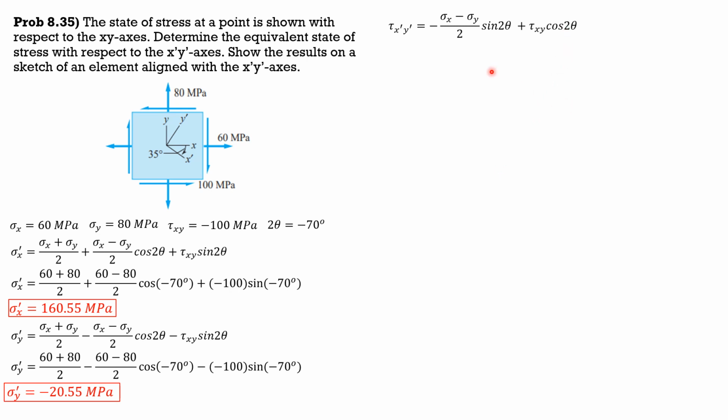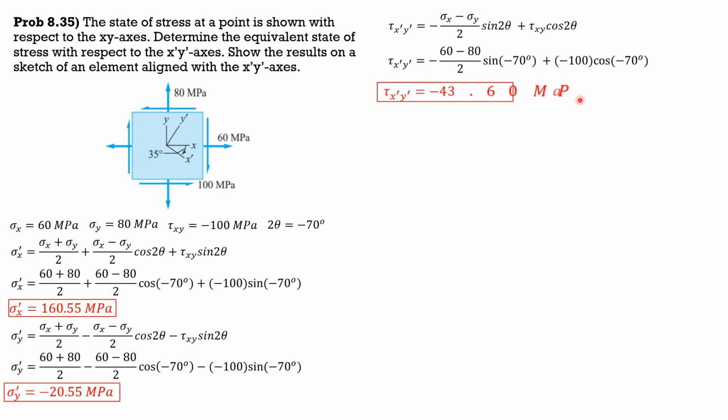So substituting, tau x prime y prime is negative of quantity 60 minus 80 over 2 sine of negative 70 degrees plus negative 100 cosine of negative 70 degrees. So from here, tau x prime y prime is equal to negative 43.6 megapascals.